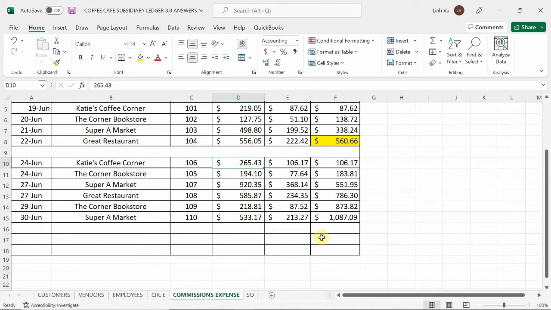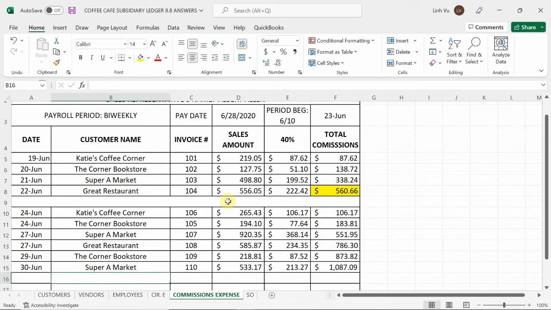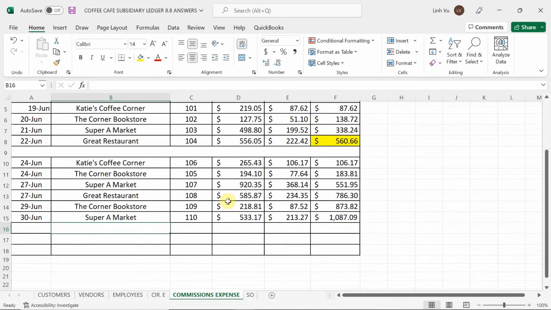Actually, you don't have to break this part off because we're going to be using a new sheet for July anyways. So in this case, we know that so far he's earned $1,087.09 for the month of June.